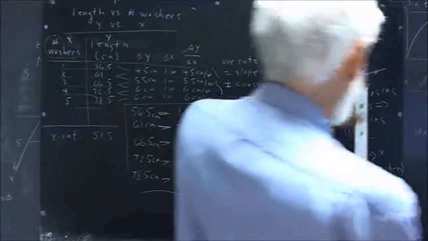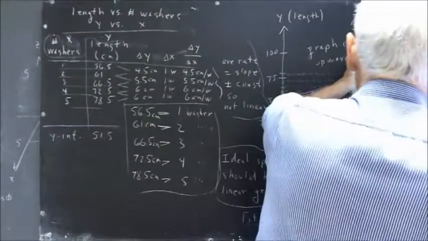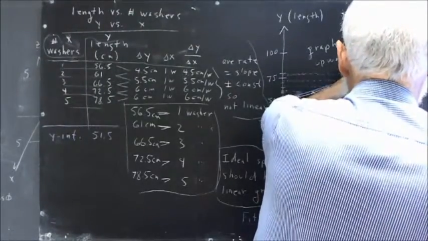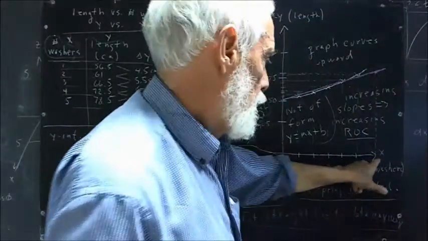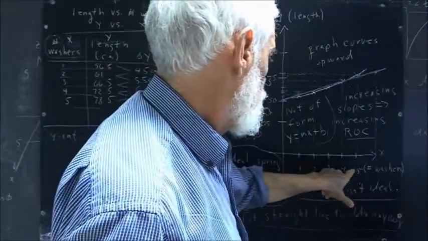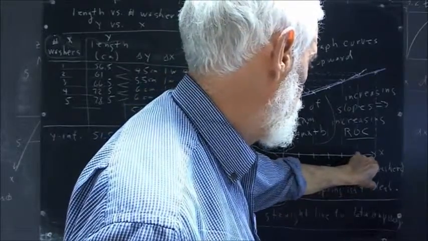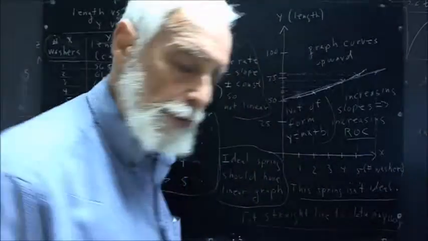And if we project down here to the x-axis, we see that this would correspond to a little more than 6 washers. 6 washers would only come over to about here, so I'm going to say that's about 6.5 washers.